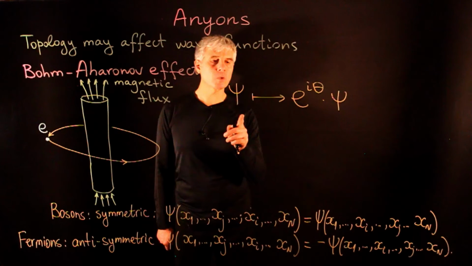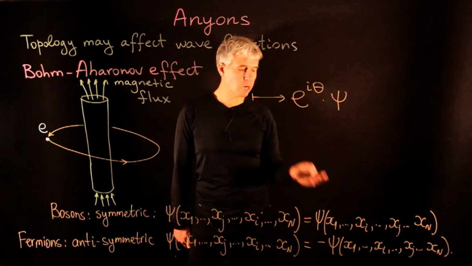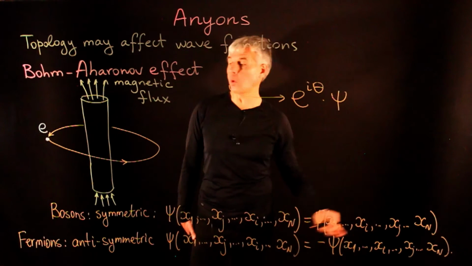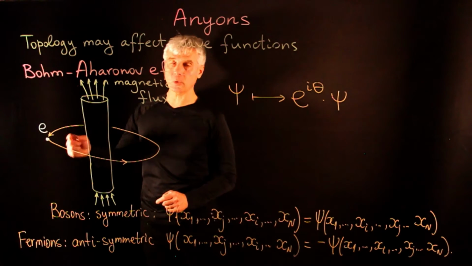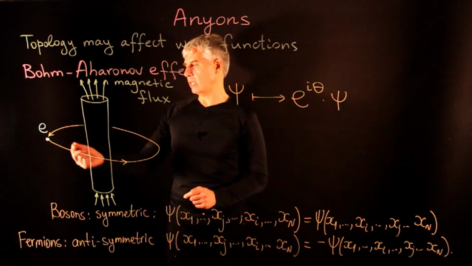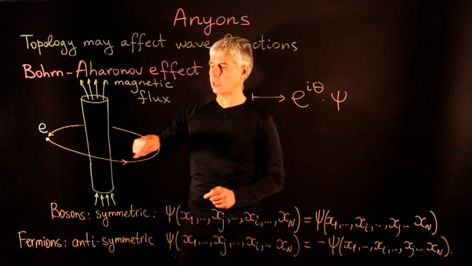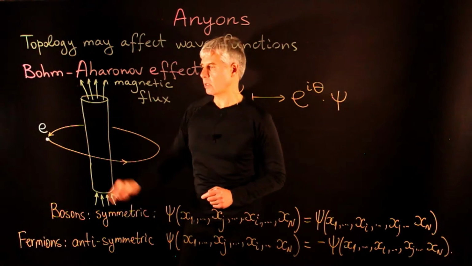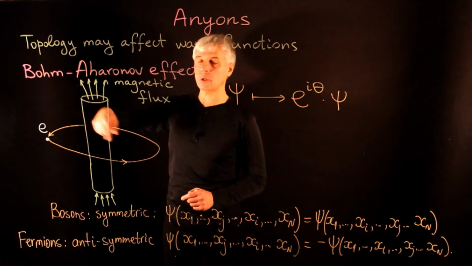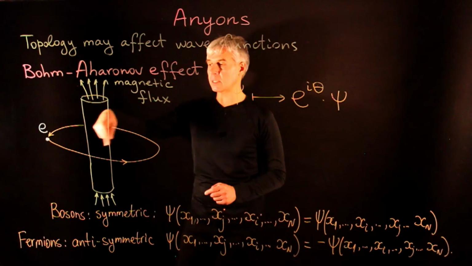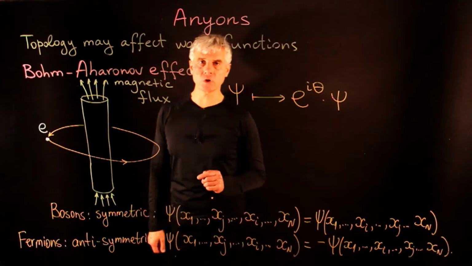This example shows that the value of the wave function cannot always be described purely in terms of the coordinates, because at the beginning and at the end of this process, this electron is at the same point. What matters here is the topological nature of this exchange. So, for example, if this electron goes around the same circle but not enclosing this tube with magnetic flux, then its wave function will not change.